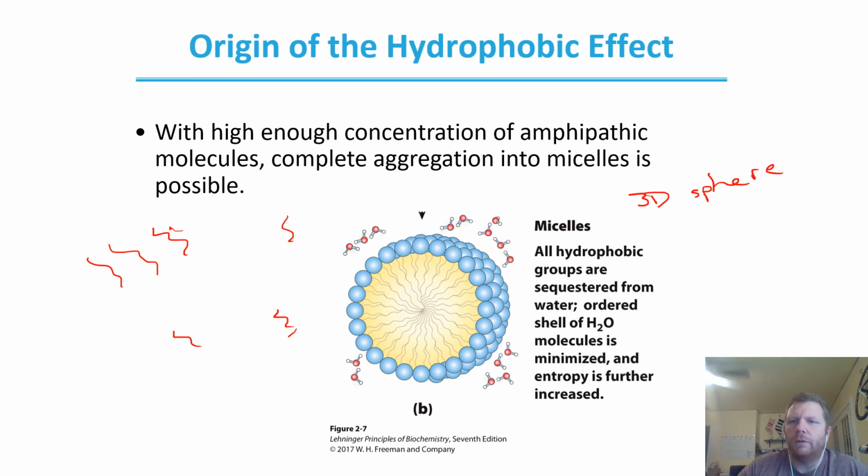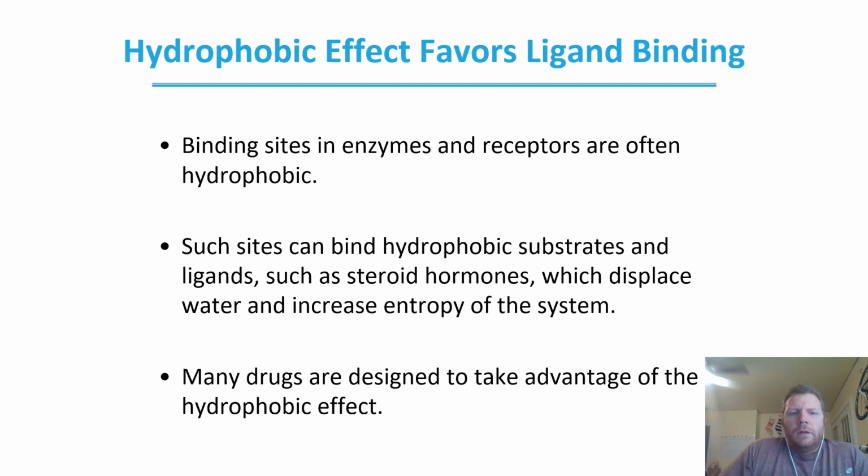All right. Now, the hydrophobic effect favors ligand binding because binding sites of enzymes are often very hydrophobic. So those sites can bind hydrophobic substrates and ligands such as steroid hormones. Steroids, I know you probably talked about them in your Organic 1 class, are those 4 ring structures, lots of carbons and lots of hydrogens, fairly nonpolar.